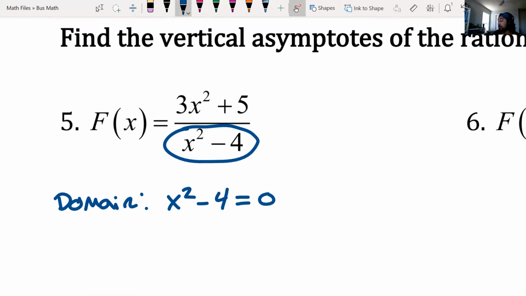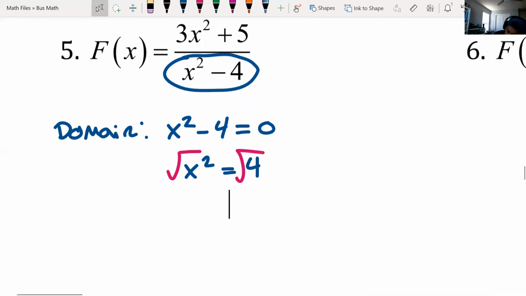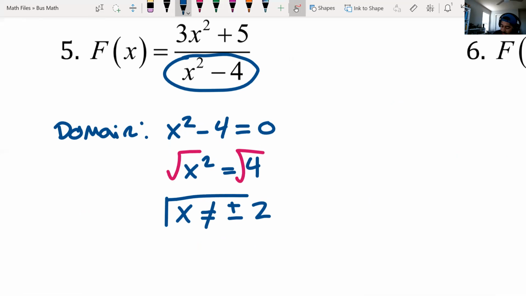And now we're going to solve for x. I'll move that 4 over, and then I'll square root both sides. Here we'll get x equals plus or minus 2. But we know that since this is in the denominator, x cannot equal these 2 numbers because it will make the denominator 0. So here's our domain.